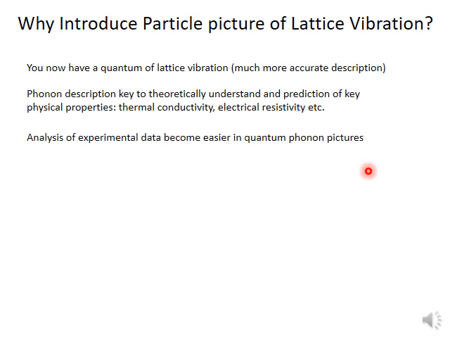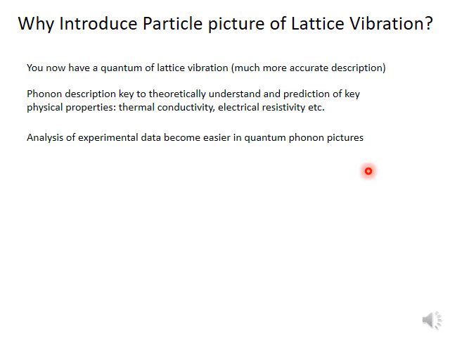Then the important thing is that for a theoretician who is going to explain experimental data, because that's what theories are meant for, to explain experiment, these are not easy things to explain.